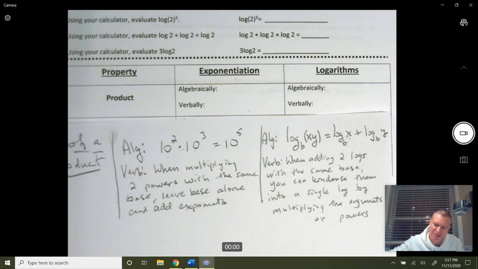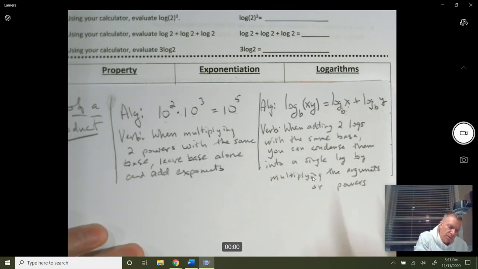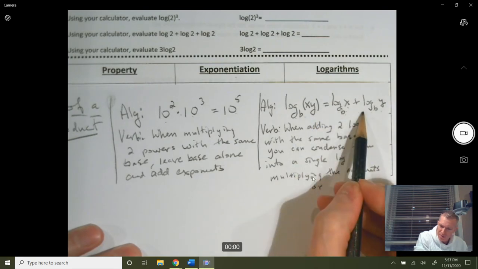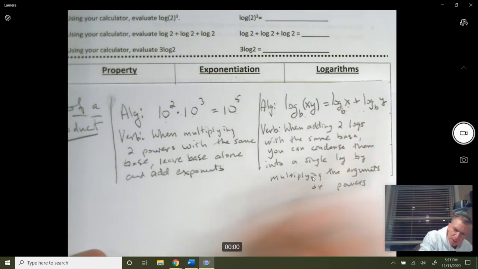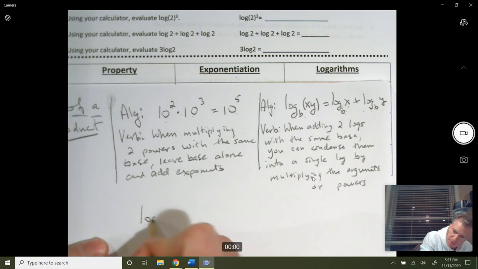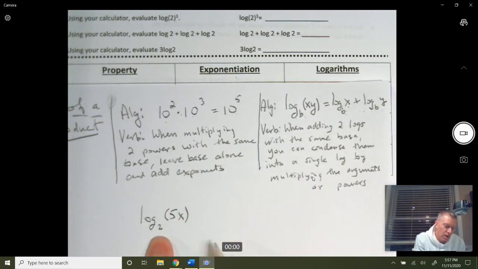I'm going to give you some examples. Let's use a couple examples here. Let's say I wanted to do log base 2 of 5x. That's the log of a product, 5 times x.